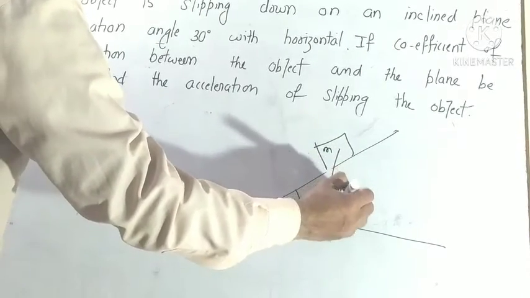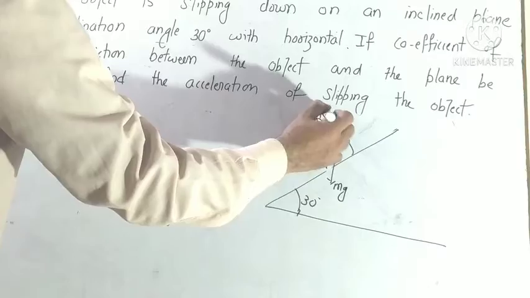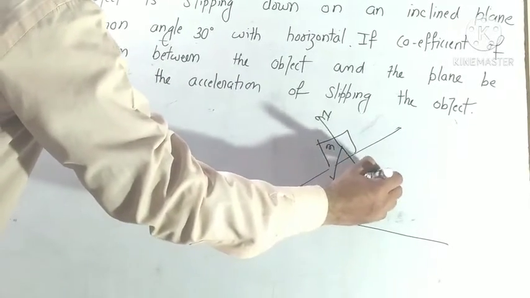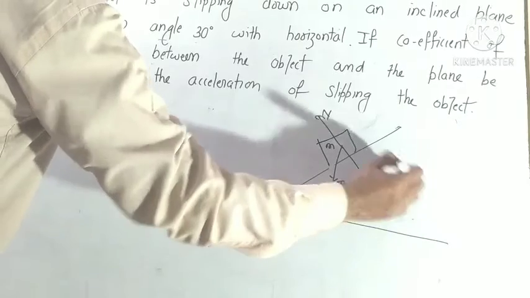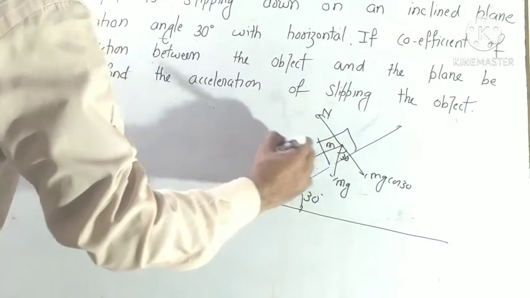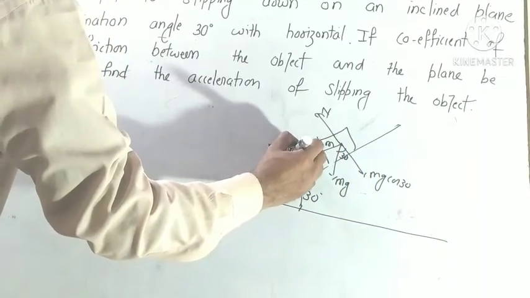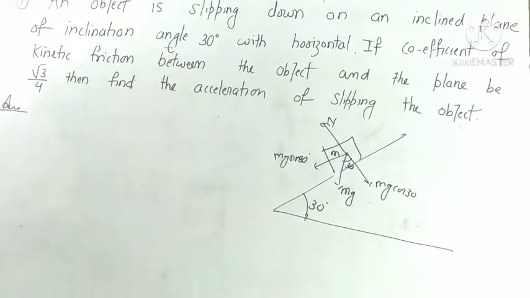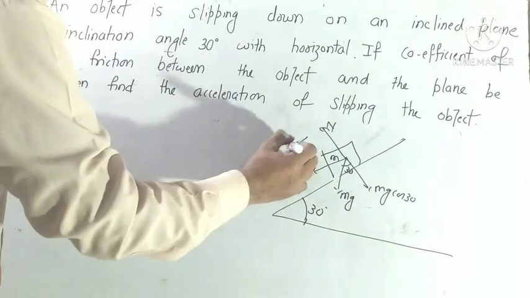The weight of this body works vertically downward and the normal force works upward. So we resolve the weight of this body into two components, mg cos 30 degrees and mg sin 30 degrees. So this object is slipping down on an inclined plane with acceleration a.